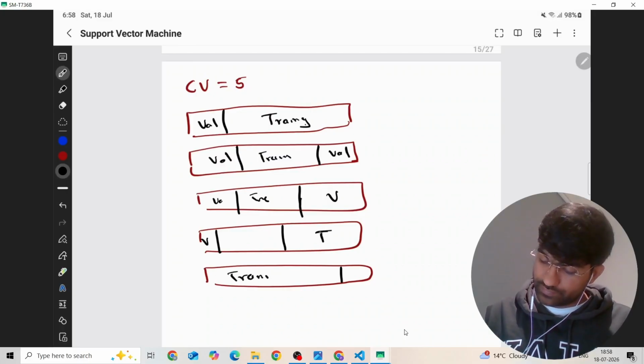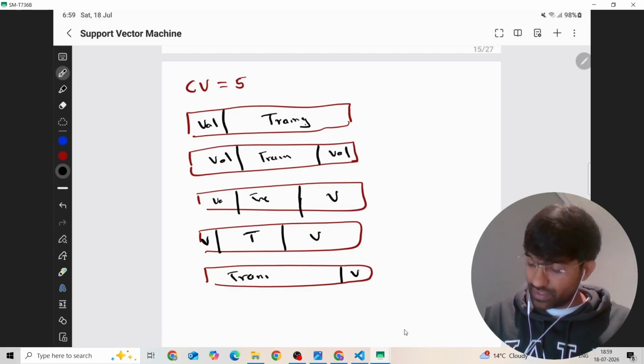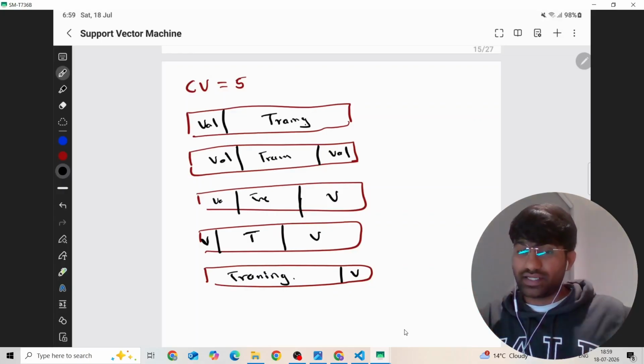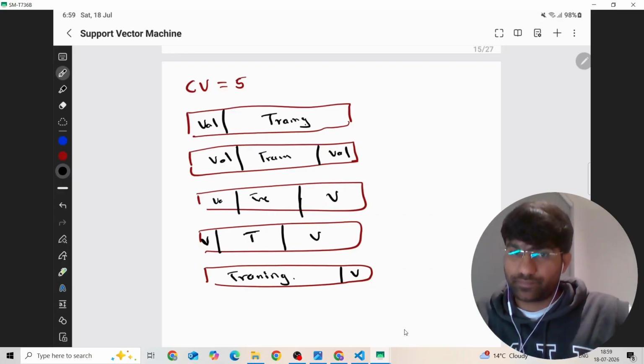So it will split the data in these chunks.